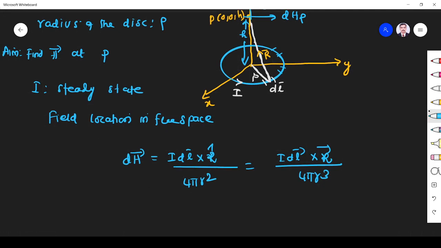We know from the diagram that this is a cylinder, and the radial distance is rho. This is the arrow direction, so the vector is rho a rho. This is what your R.